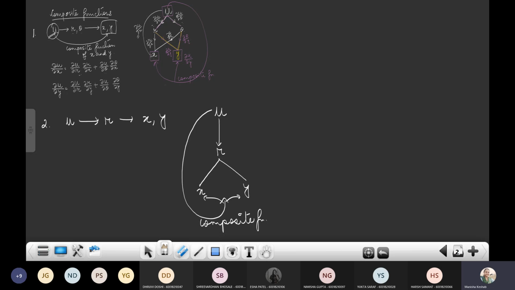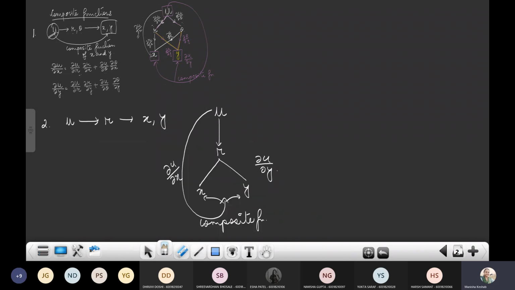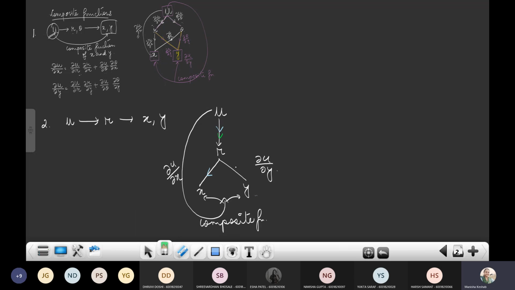So we will be finding what? Del u del x as well as del u del y. So to find del u del x, we have to come via this path, right? So we have to come via this path. And to come to this del u del y, we will have to use this as well.